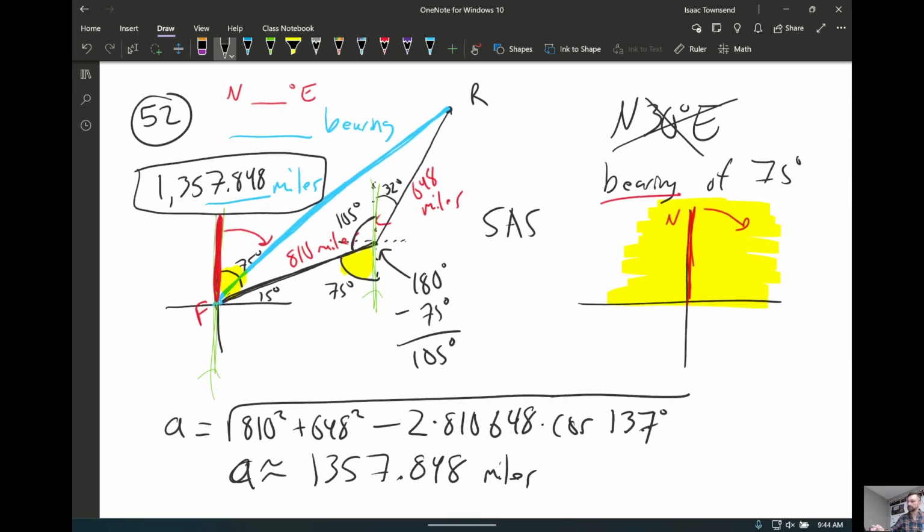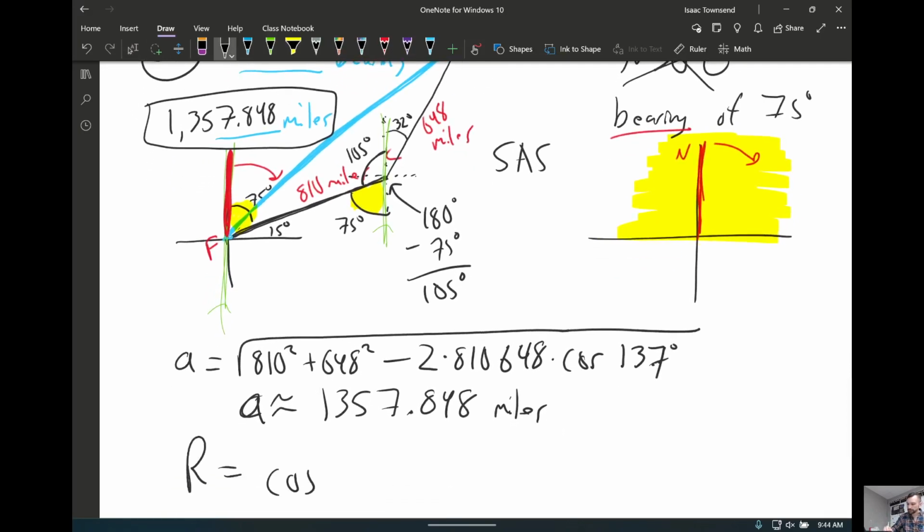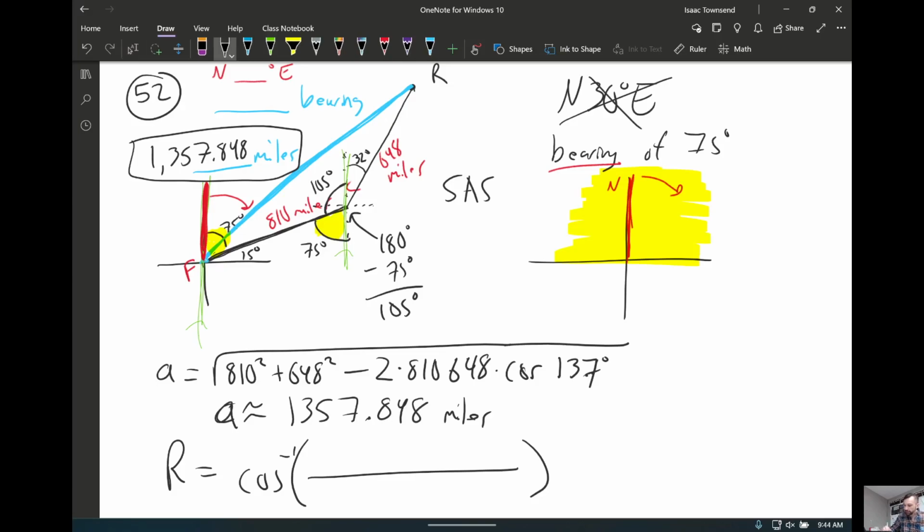Okay, so I'm going to find this angle R. So that would be this side plus this side minus 810 squared over 2.